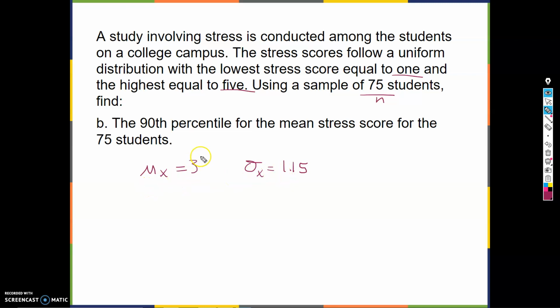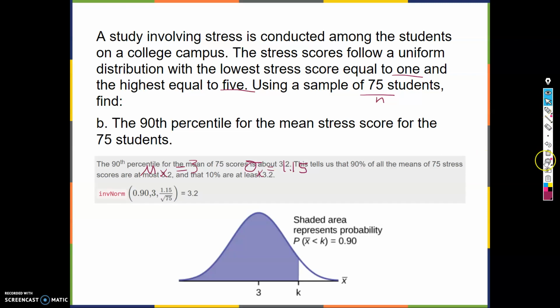So our regular mean is going to be this, and we'll see our new standard deviation. The 90th percentile for the mean of 75 scores is about 3.2. This tells us that 90% of the means of 75 stress scores are at most 3.2, and that 10% are at least 3.2. So inverse normal.